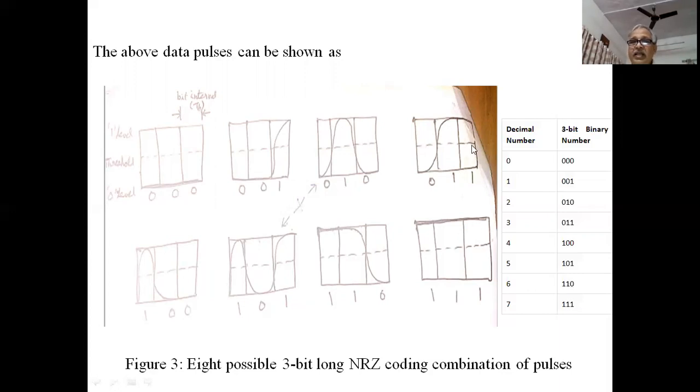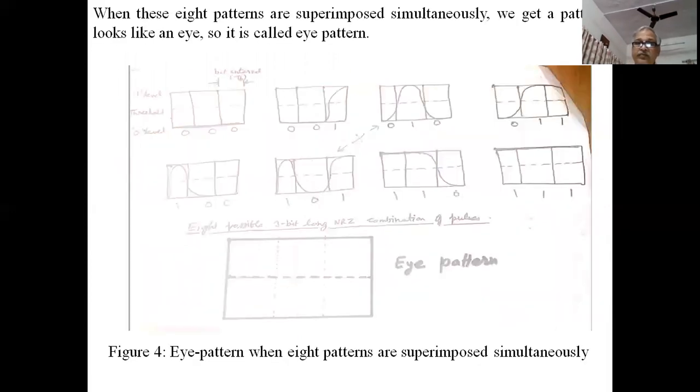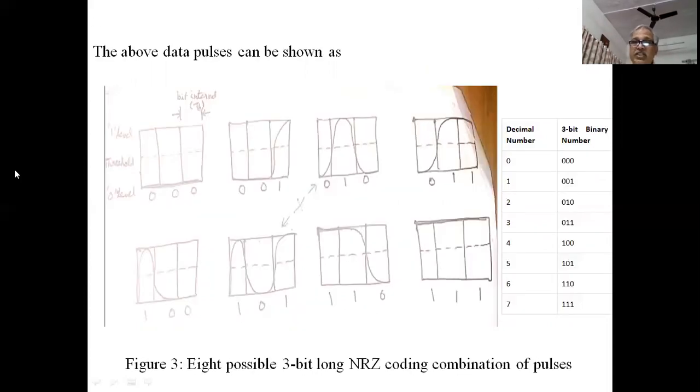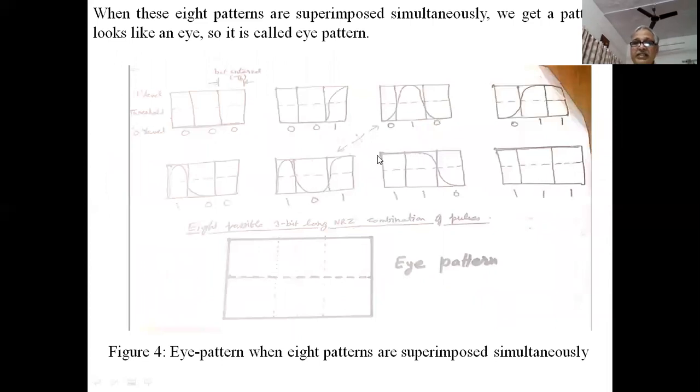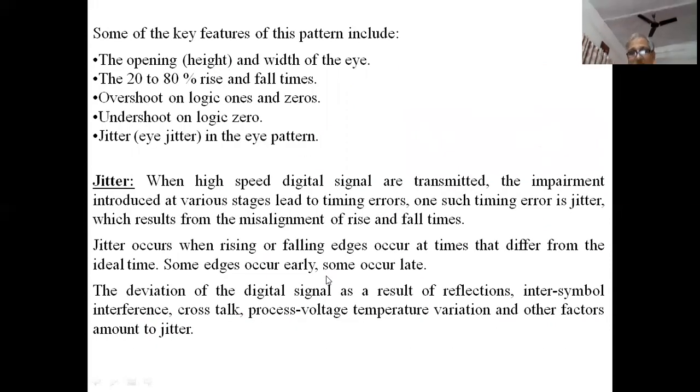So these 8 patterns are observed in the CRO if we make 000 to 111 binary bits. Now we superimpose all these patterns in a single block. We obtain the eye pattern.